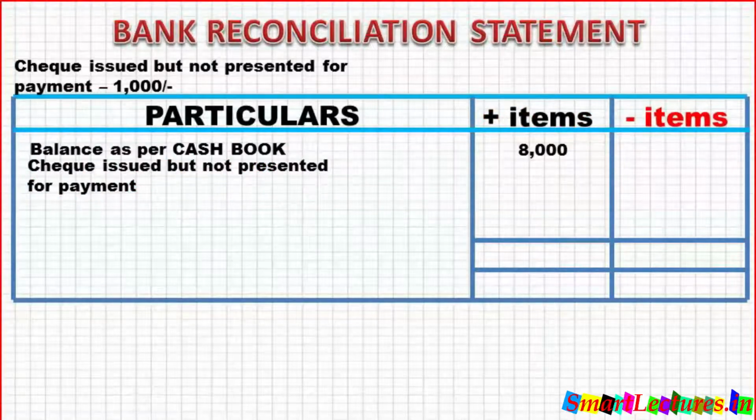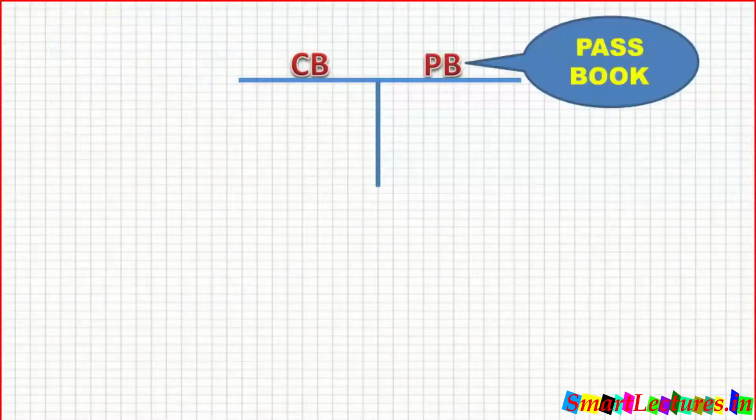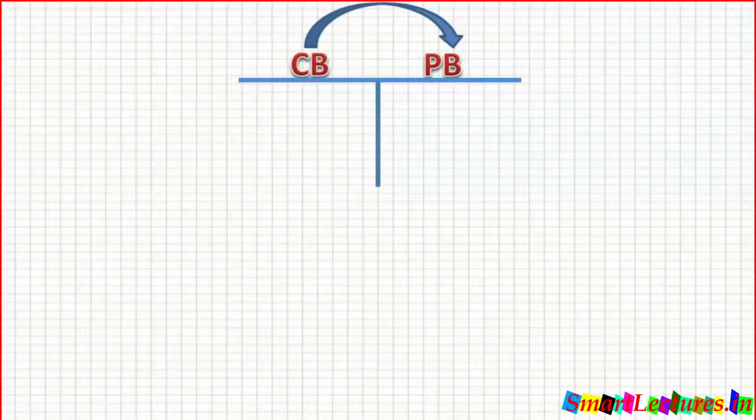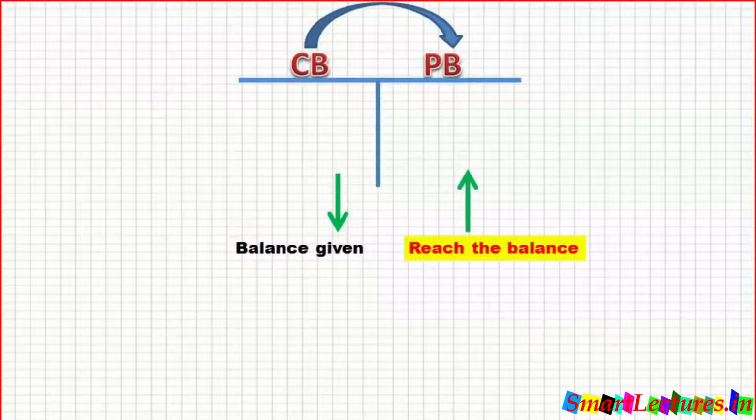Let's make a small T. On the left hand side I'm going to write CB, meaning cash book, and on the right hand side I'm writing PB, meaning passbook. And I'm going to draw one arrow from cash book to passbook, meaning the balance of cash book is already given and we have to reach the balance of passbook.